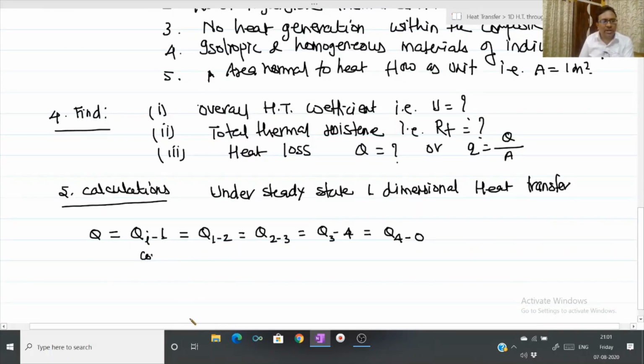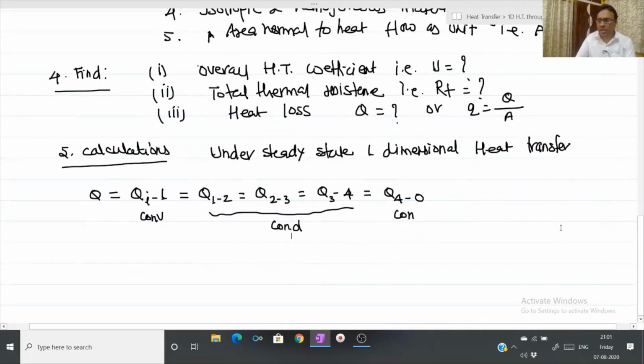This will be by convection because heat transfer is taking place between fluid and surface. Again, this will be by convection, and these 3 rates of heat transfer will be by conduction. Now, since we are assuming one-dimensional heat transfer, Fourier's law and Newton's law of cooling can be written depending upon the mode of heat transfer.